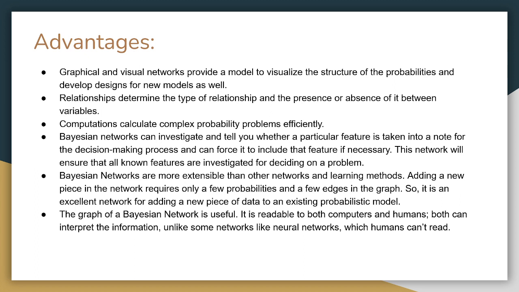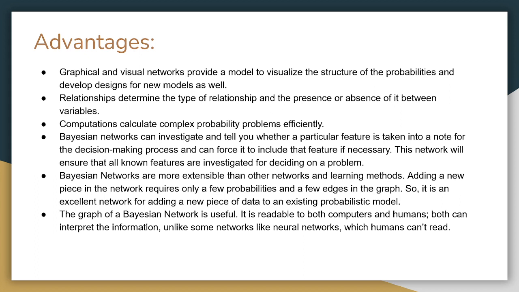A Bayesian network can investigate and tell you whether a particular feature is taken into a node for the decision making process, and can force it to include that feature if necessary. This network will ensure that all known features are investigated for deciding on a problem.